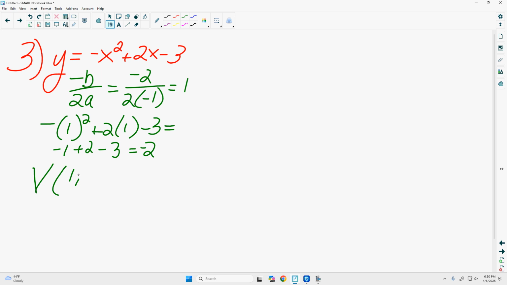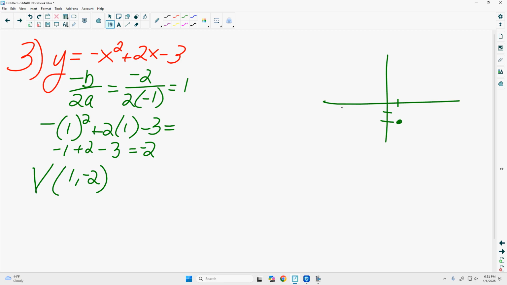Negative 2, which means 1 to the right and 2 down. Okay, so now we're going to be smart on this one. We're going to go 1 to the right and 2 down. Make a dot right there.